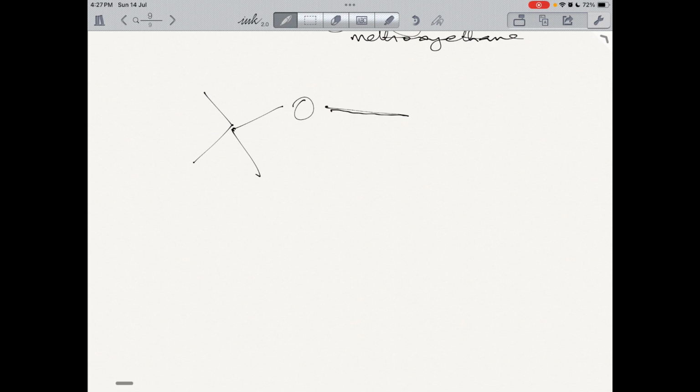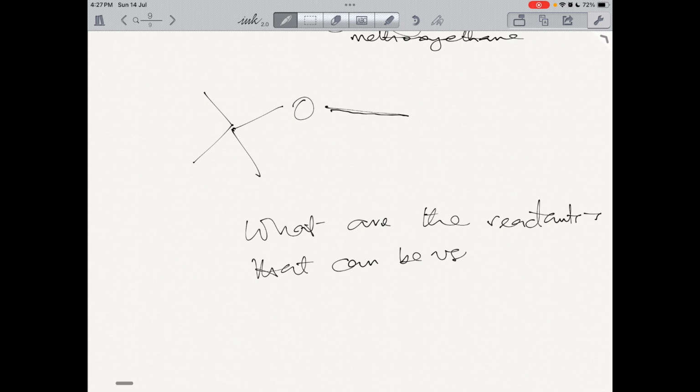What are the reactants that can be used to obtain this compound? What's the name of this compound?